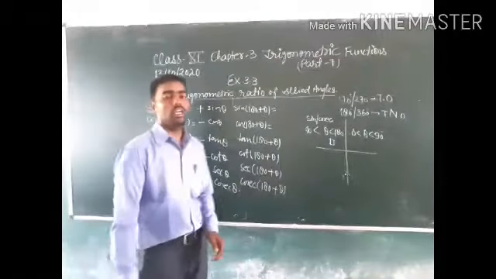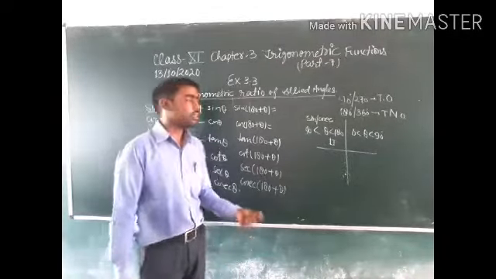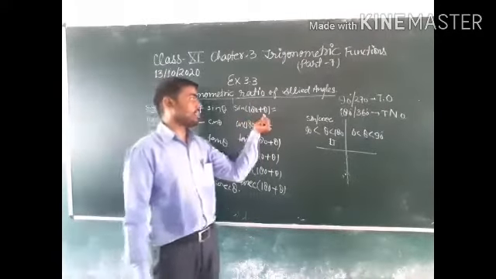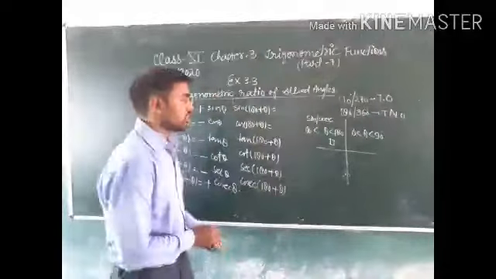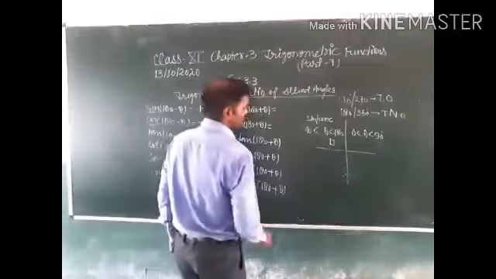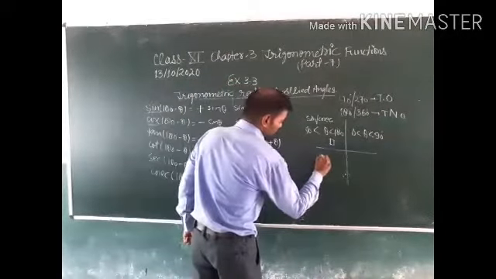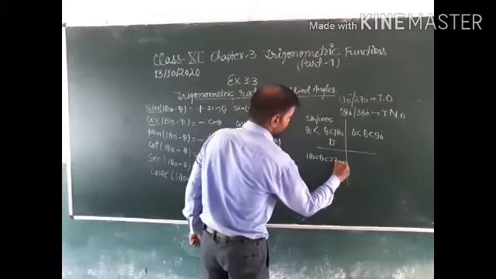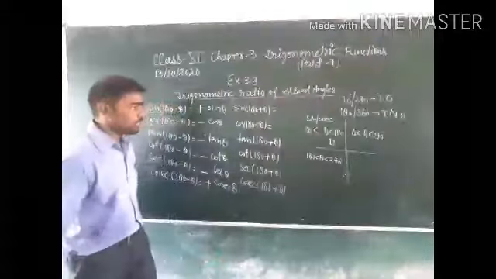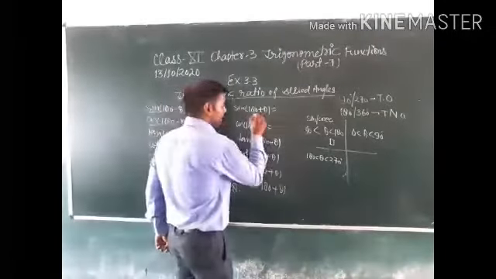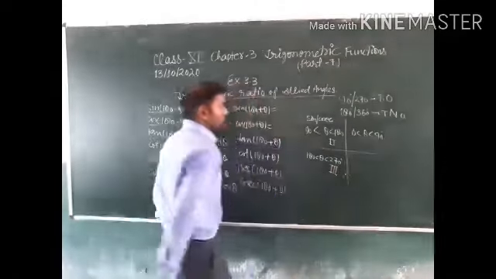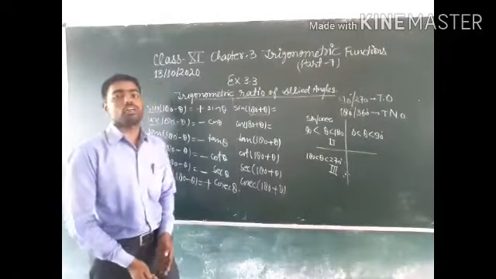So first of all, identify the quadrant. This allied angle belongs to which quadrant? 180 plus theta: it means this value is greater than 180 and less than 270 degree. It means this allied angle belongs to the third quadrant. And what is the condition of the third quadrant?